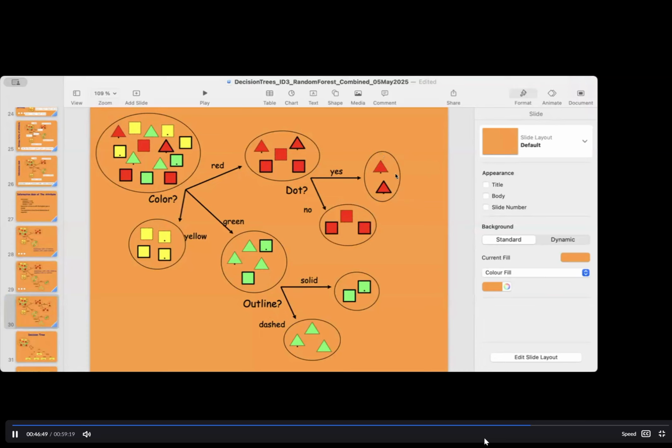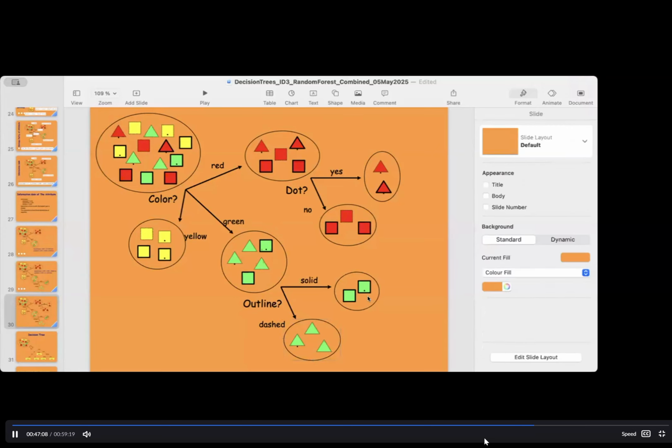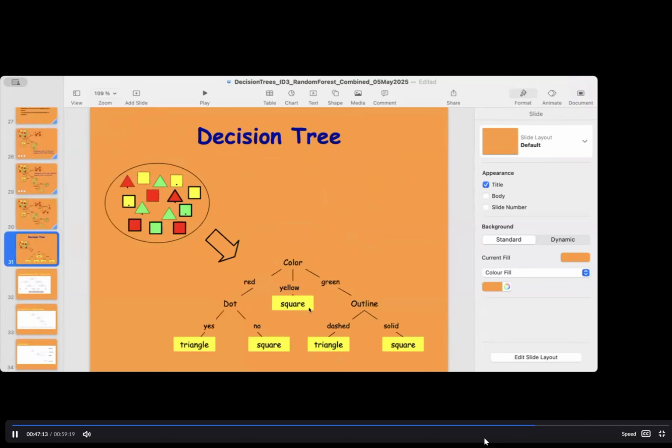Here is one leaf, all of the objects are triangles. Here's another leaf, all the objects are squares, and so on. So if the color is green and the outline is dashed, we have a triangle. If the color is green and the outline is solid, we have a square. So this is that very nice tree that we have seen earlier. That is a simple tree of depth 2 that allows us to get to the answer as quickly as possible.